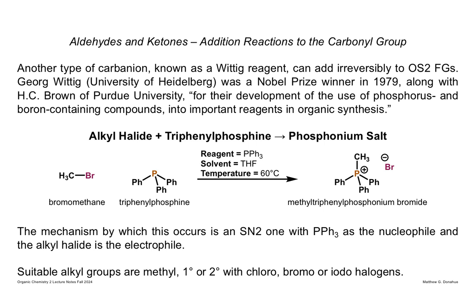So you get a nucleophile, it adds, it stays there, it's not leaving. And this specific reaction is known as a Wittig reaction. Wittig and Brown won the Nobel Prize in 1979, Wittig for phosphorus chemistry, and Brown for boron chemistry as reagents in organic synthesis.